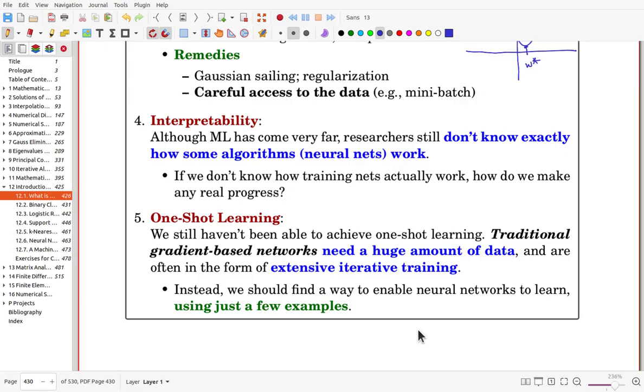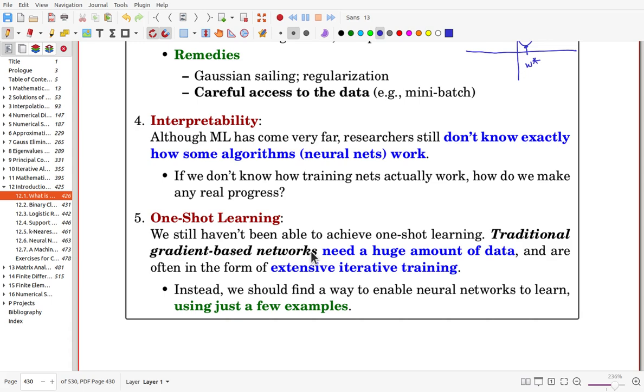Human intelligence can understand through a few examples, but a machine learning algorithm requires many data points. Traditional gradient-descent networks need a huge amount of data and often extensive iterative training. So it is expensive in data and also in computation. Such traditional algorithms are expensive.